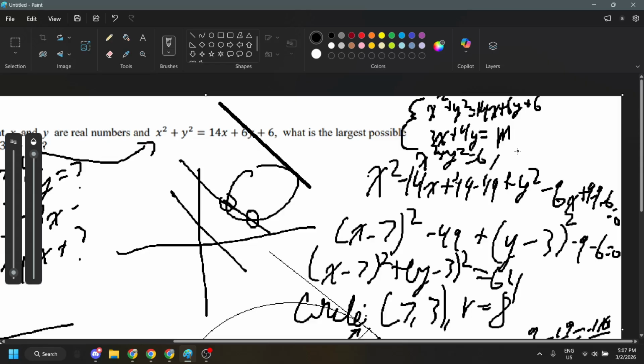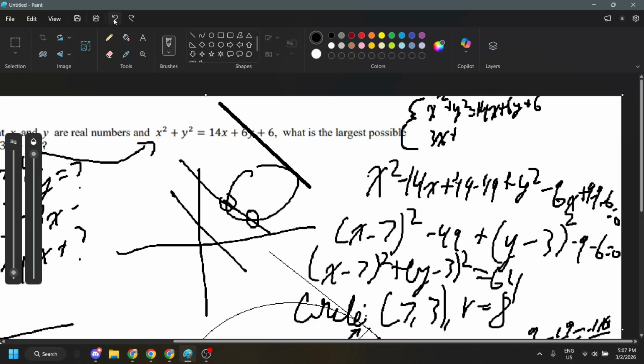Oh shoot, can we do that? If we change both equations by a certain thing, I think we can do that. Definitely cannot do that, further looking at it. That's not something we can do.